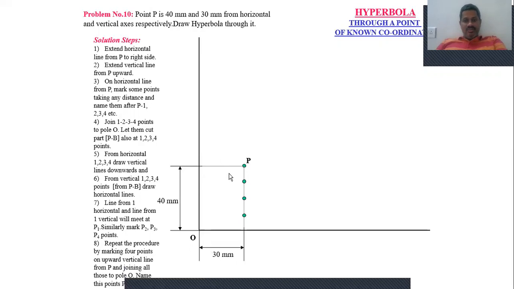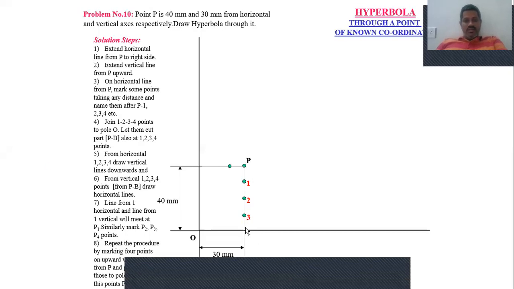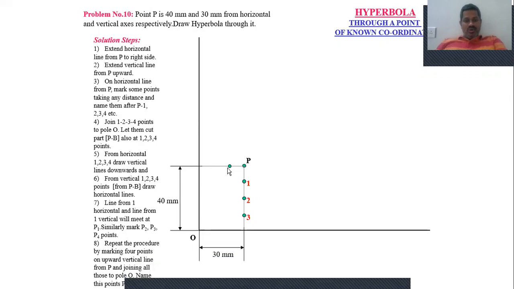In this case I am dividing this 30 into 3 equal divisions. I am naming these points 1, 2, 3 and finally 4 here. Dividing the 30 mm into 3 gives 1, 2 and up to here it is 3. I have divided the y-axis coordinate and the x-axis coordinate into a convenient number of equal divisions.